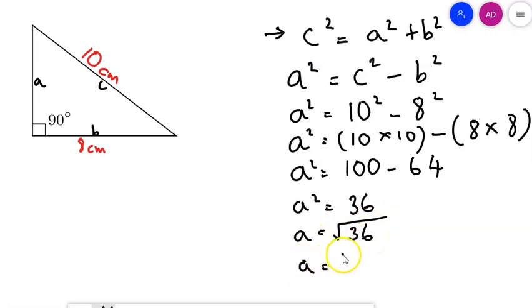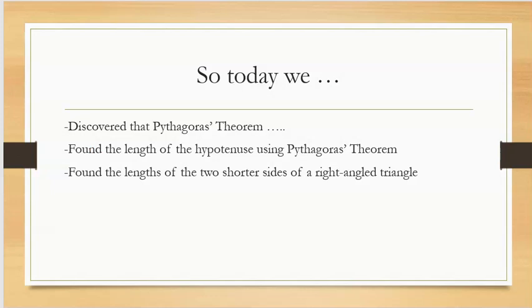A is 6 centimetres, because 6 multiplied by 6 is 36. So I'll just write that in. A is 6 centimetres.